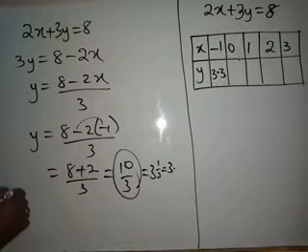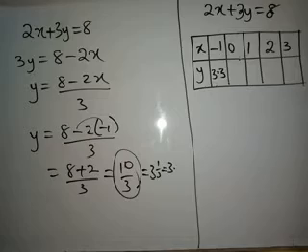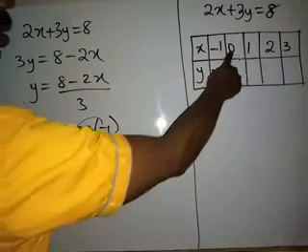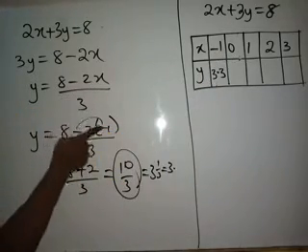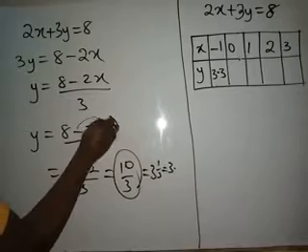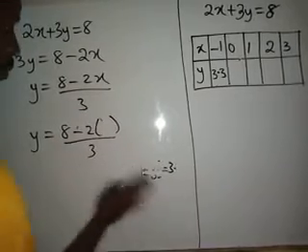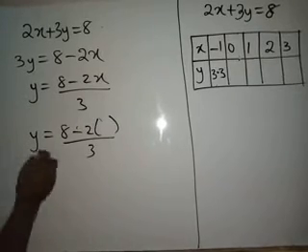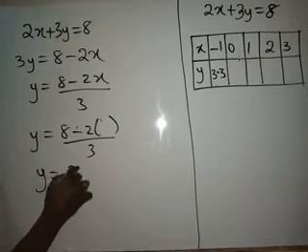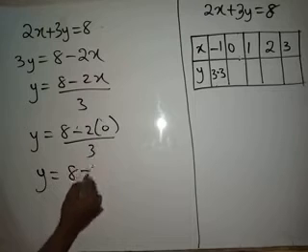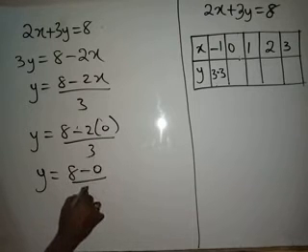All right, let's go to the next one. When the x here becomes 0, all these things will change. So y equals (8 - 2 times 0) over 3.